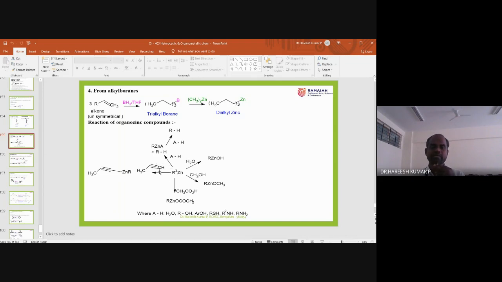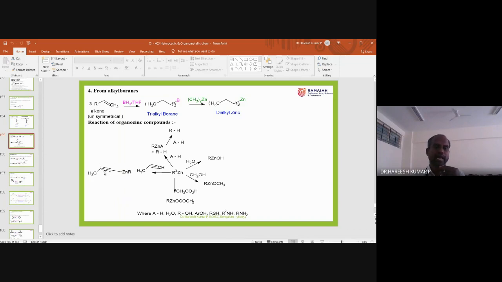So there will be a new bond formation between this carbon and this zinc. That is how an alkyl alkynyl zinc forms. YL means it's a triple bond one.